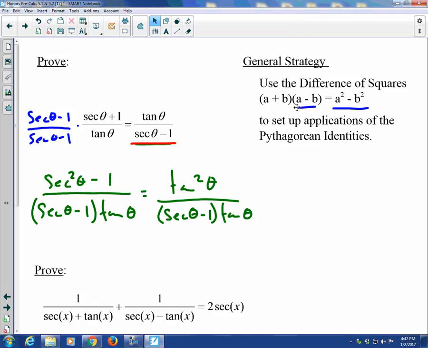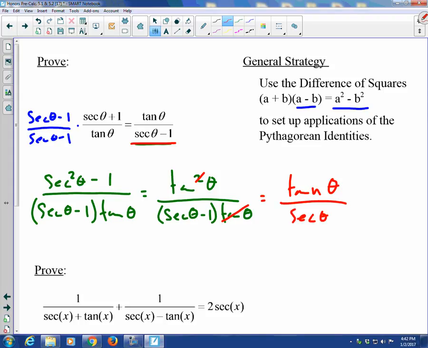And now, of course, in our last step, what we can see is that our tan in the denominator is going to cancel out with one of our two tans in the numerator, and we get our target expression, tan theta over secant theta minus 1. A lot of times, if you can sort of spot that first step, things are really going to fall together for us when we're proving these equivalent statements.